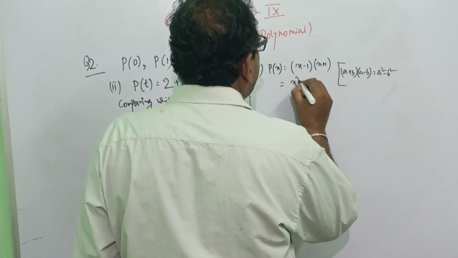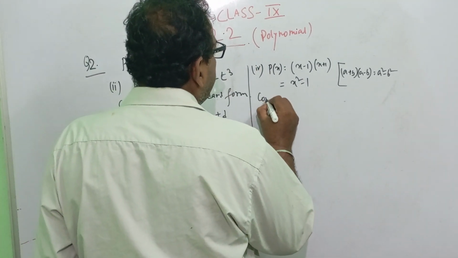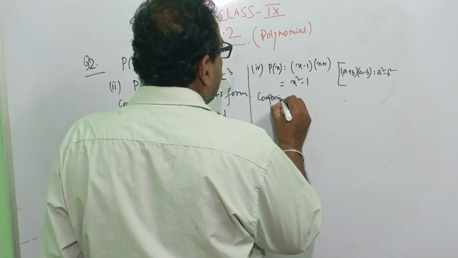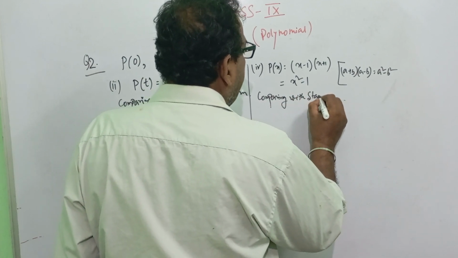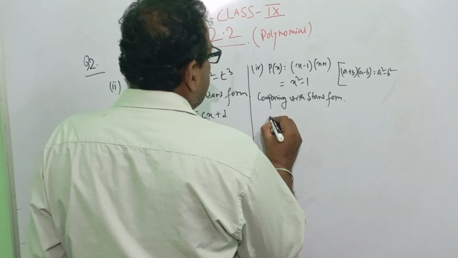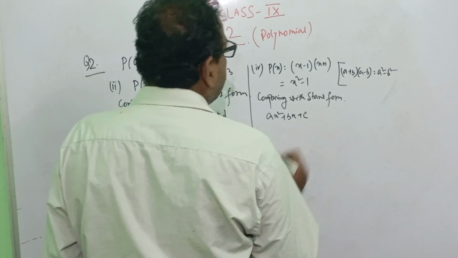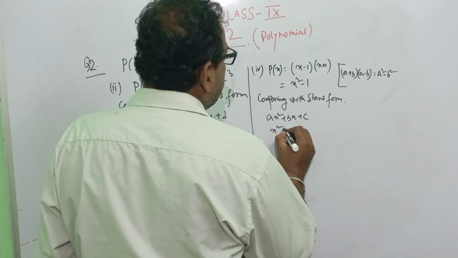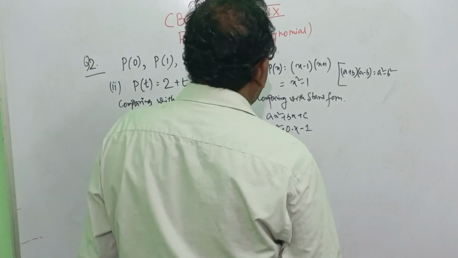So this is coming this one. Now comparing with the standard form, that is x square plus bx plus c. Now this is x square plus 0 into x minus 1.